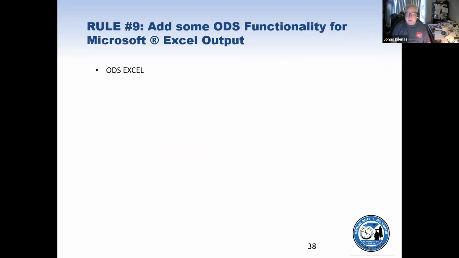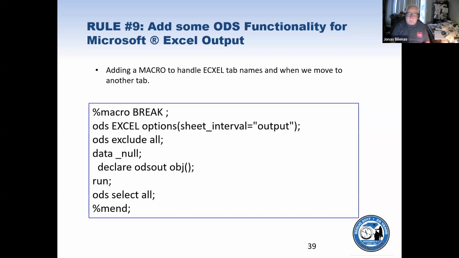So now let's look at some ODS stuff. I always create this macro variable when I'm using ODS, because a lot of times I want to create tab names, and also when I'm generating output, I want to make sure I know when I'm done with a particular tab, so I can break out of it to go to the next tab.